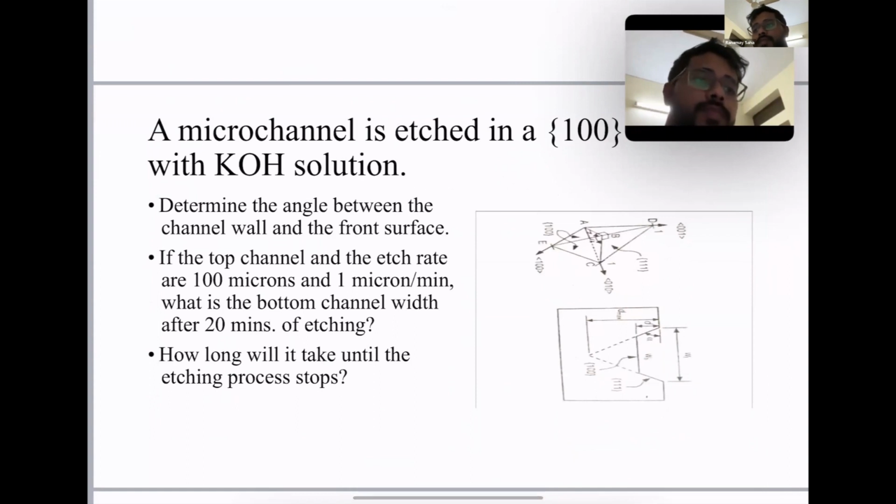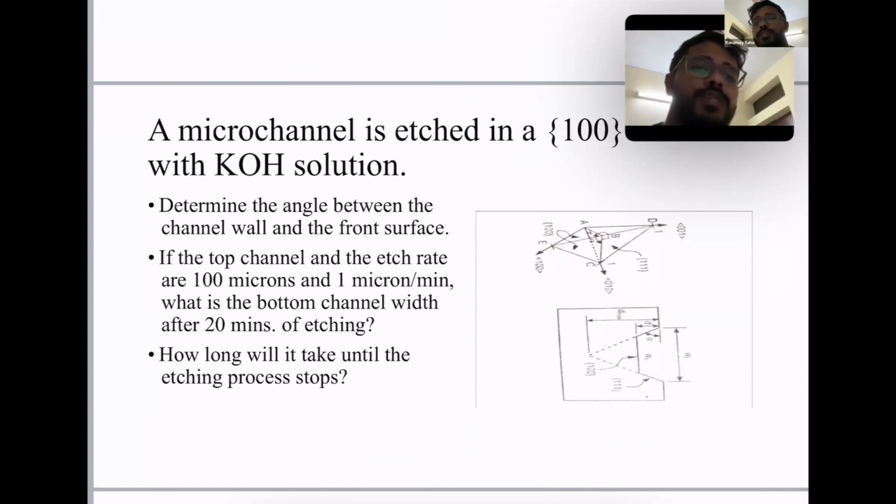You have to determine the angle between the channel wall and the front surface. If the top channel width and the etch rate are 100 microns and 1 micron per minute respectively, what is the bottom channel width after 20 minutes of etching? And how long will it take until the etching process stops? Give it a try, and then we'll discuss the question in detail.